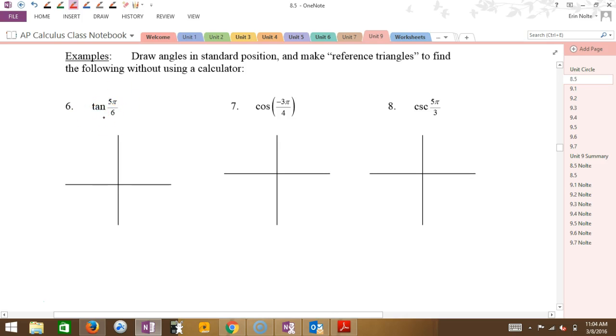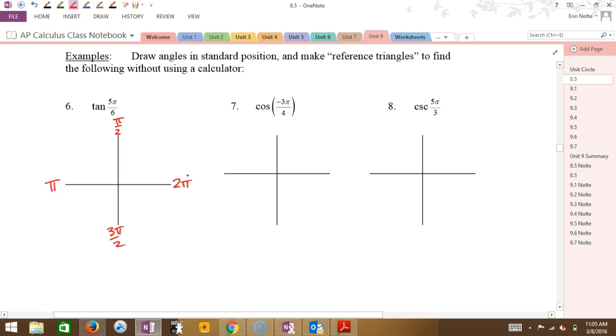So basically what I want to do is think about how I would get to 5 pi over 6. If we convert this into radians instead of degrees, we would have 90 degrees is pi over 2, 180 is pi, this would be 3 pi over 2, and this is 2 pi.